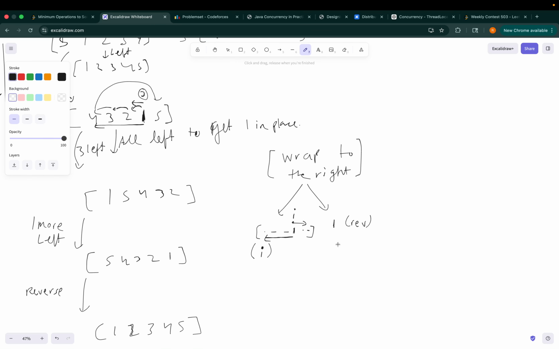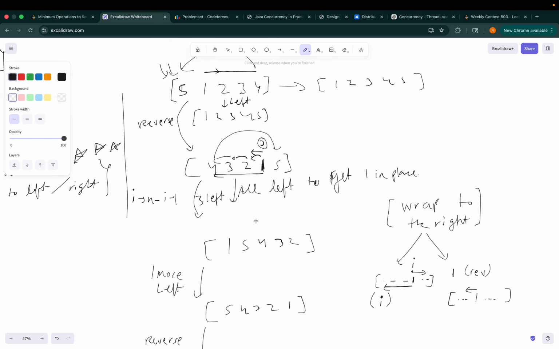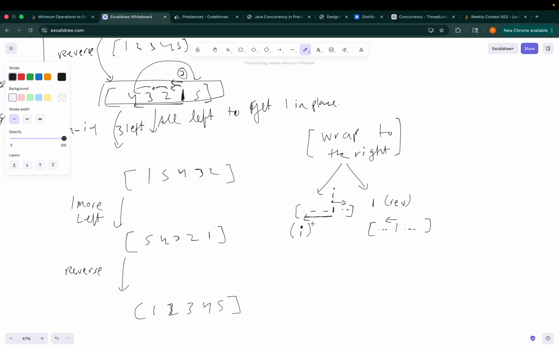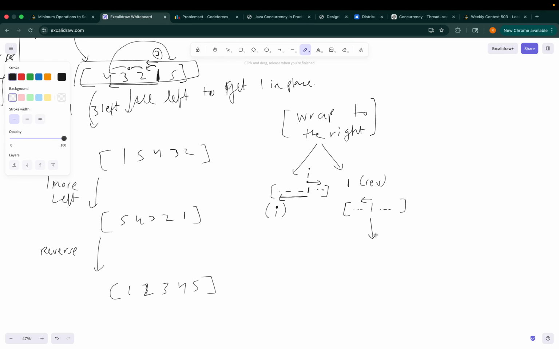Then your array would look like this, with 1 wrapping around to the left now, as we saw in this case. After reversing, you have this 1 at n minus I minus 1 position, so you rotate left by n minus I minus 1.